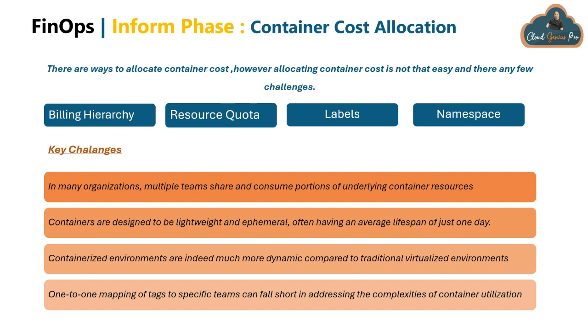Even though there are ways to allocate the cost, those ways are not adequate, and that is the reason containerized infra has always been a key challenge which organizations are still trying to address. In this way, I wanted to talk about container cost allocation, optimization, and the key challenges any organization faces to allocate its cost fairly.